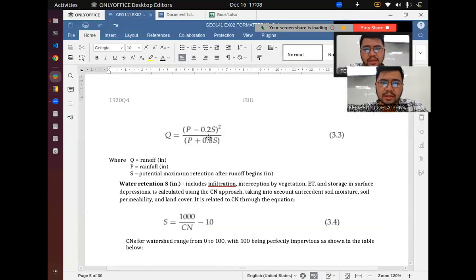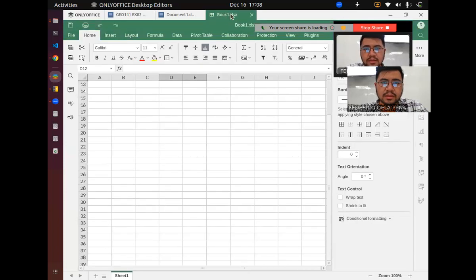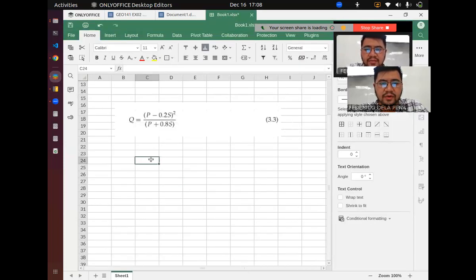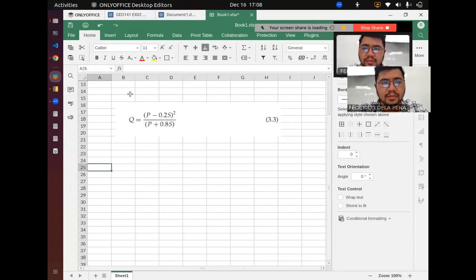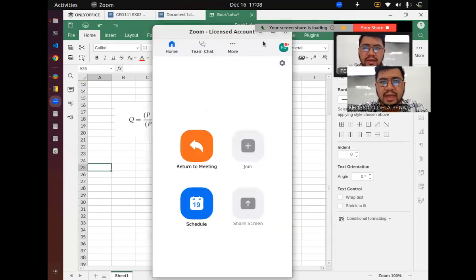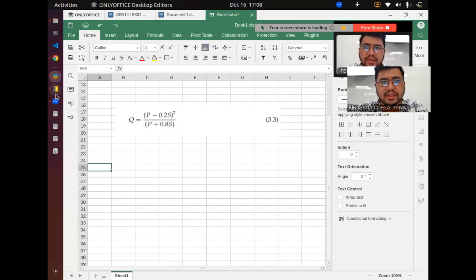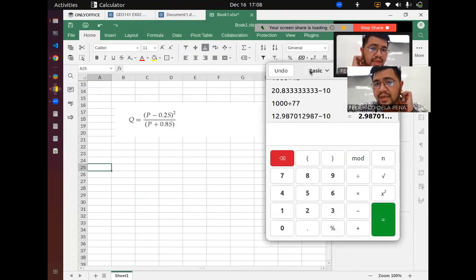This is our formula, where P is precipitation, equal to 100 inches. Sorry, I have a broken keyboard, so let's just do it through the calculator.